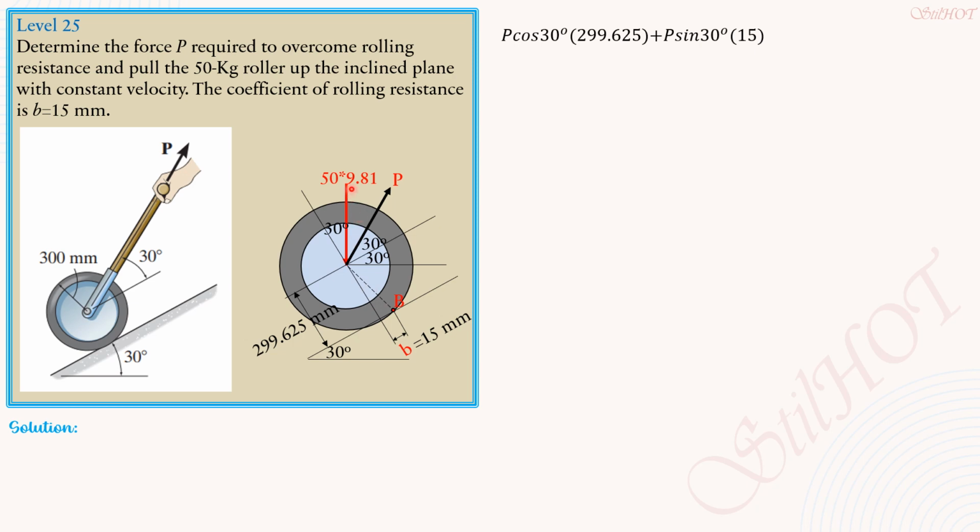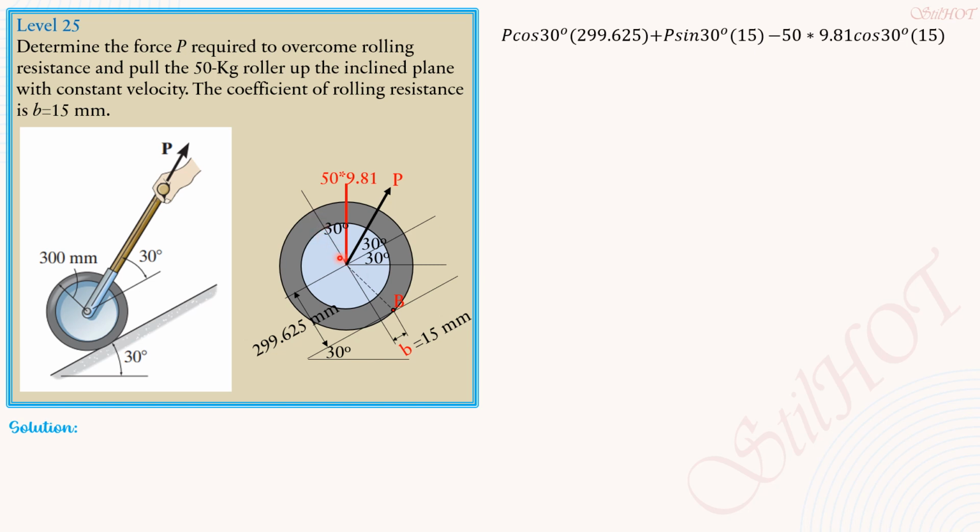Then the component of 50 times 9.81 is in this direction, it is counterclockwise. So minus 50 times 9.81 times, sorry, times cosine of 30 degrees times 15. The component of 50 times 9.81 along this axis is 50 times 9.81 cosine of 30.